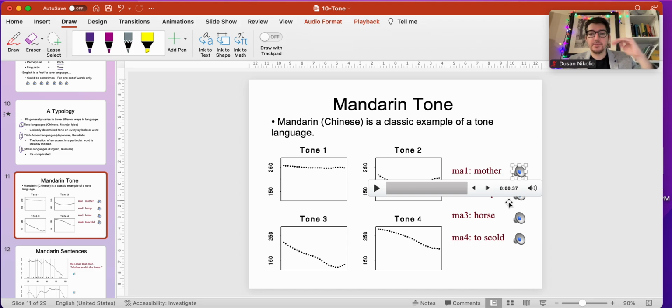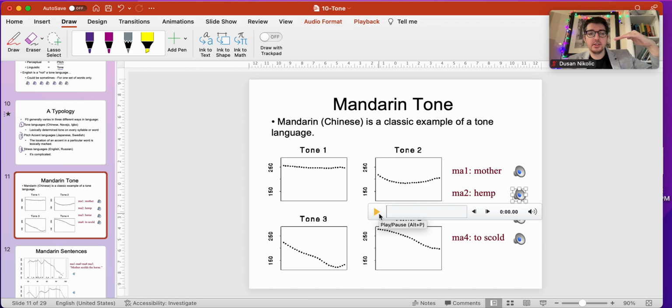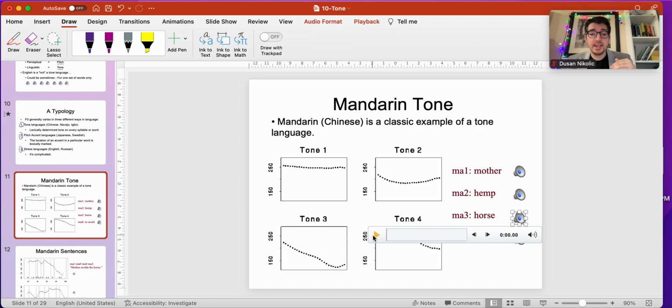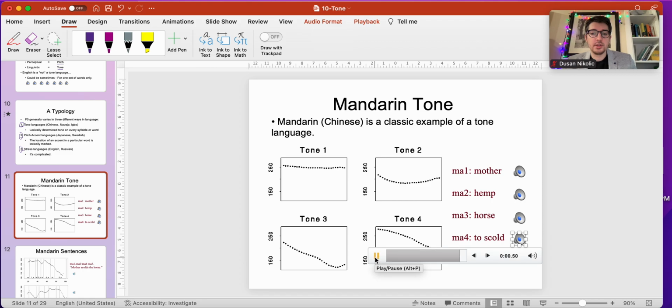And this tone is a little bit lower in fundamental frequency, and it goes low and then goes back a little bit up, right? And the third one, it's lower, but it goes down abruptly. And the fourth one goes from high to low.